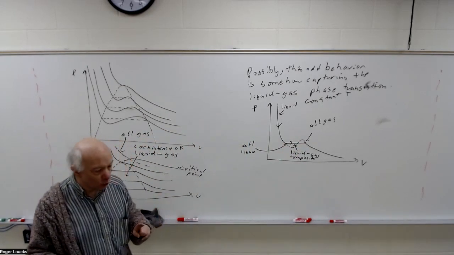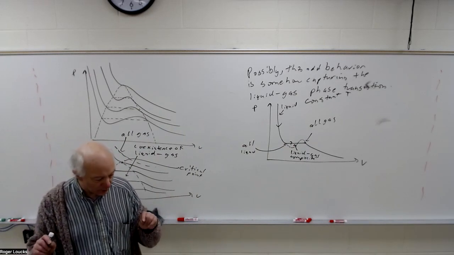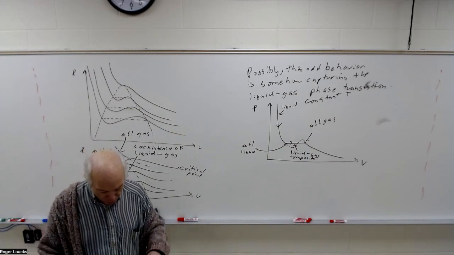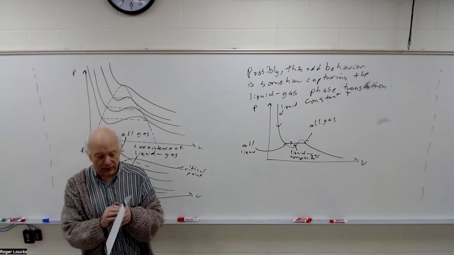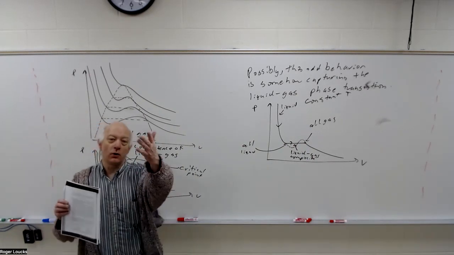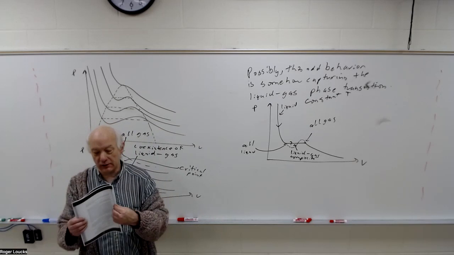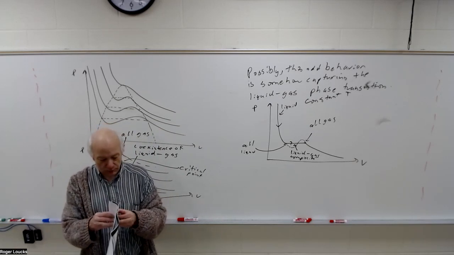Okay, what we're going to do, let's look at the Gibbs free energy, and this is from that book by Schroeder. I handed this out to you. So for those of you watching this on video, pause this and pull this out.